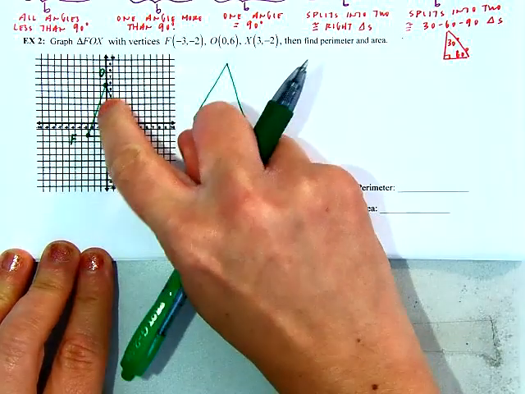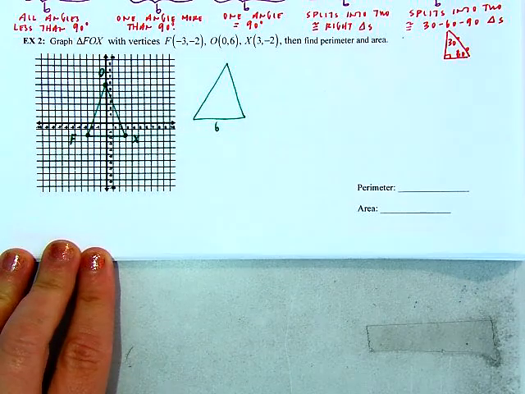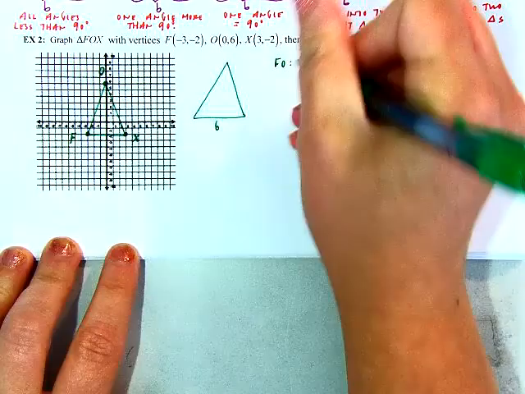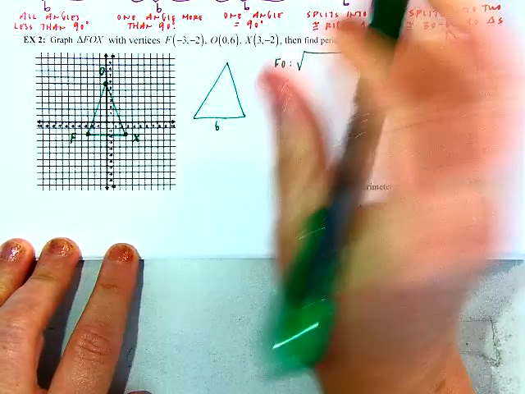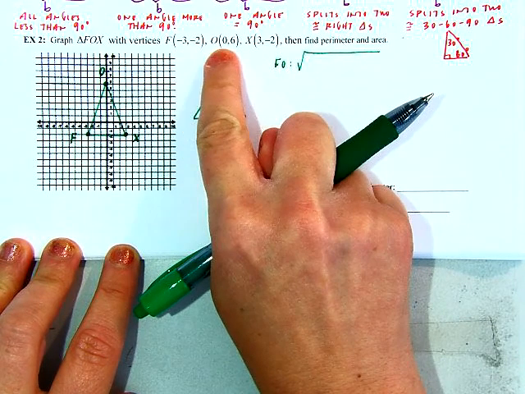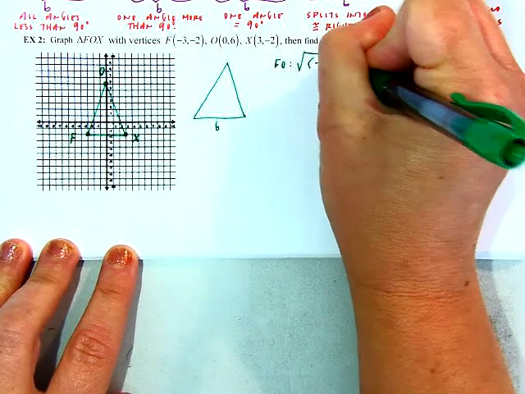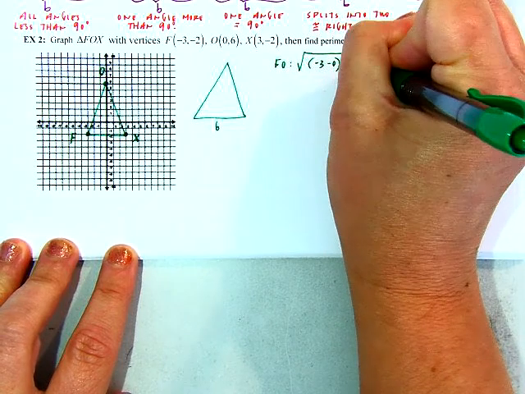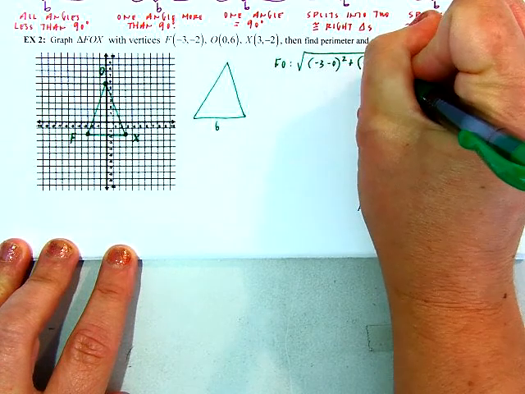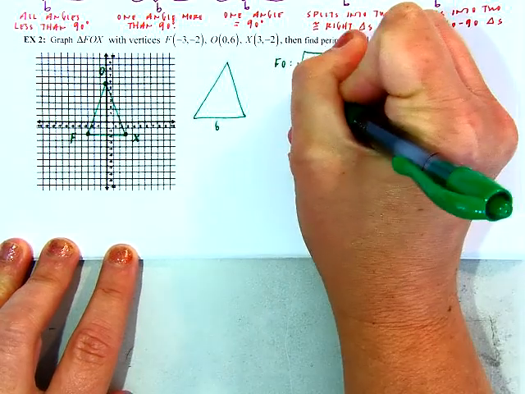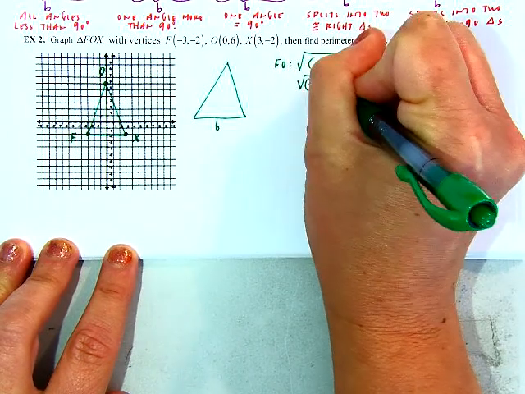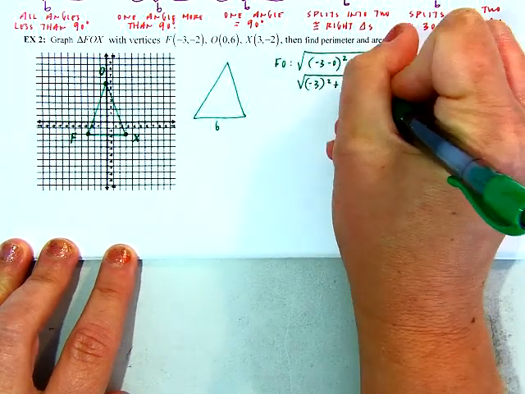If I'm looking at this segment here, FO, I could use the distance formula. So here's my big square root, and I'm looking at the distance from F to O. So I'm focusing on these points. If I look at the difference between the x values, so -3 minus 0, and then I square it, and then the difference between the y values, so -2 minus 6, and then I square it, then right now I'm at -3 squared, and here I'm at -8 squared.